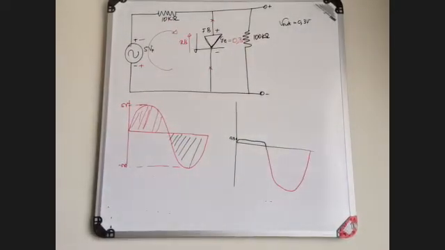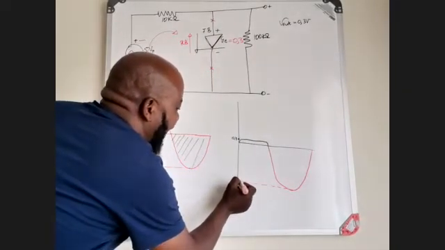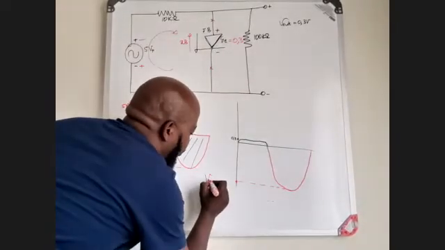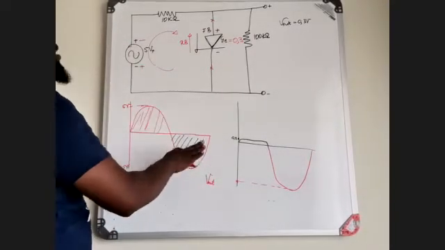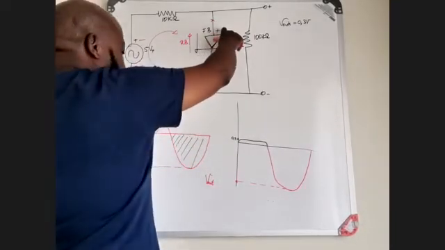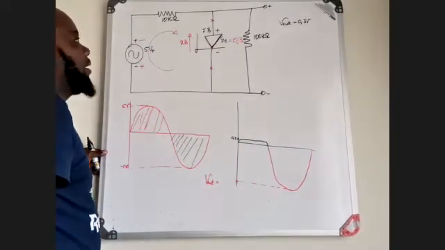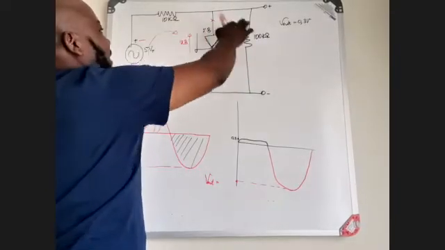When it goes to its minimum peak, when I look at this here, my V out during the negative cycle, because this is no longer there, will be given by this component and that component, which are in series with each other.